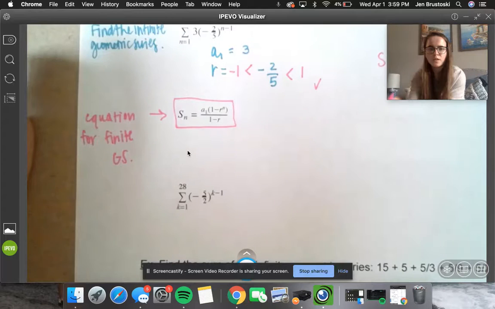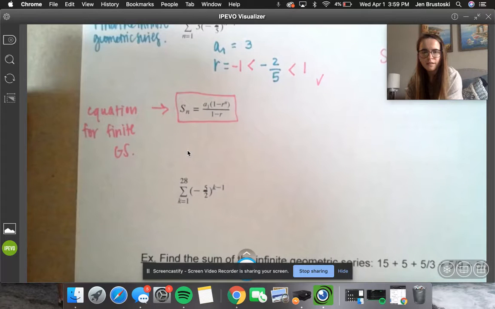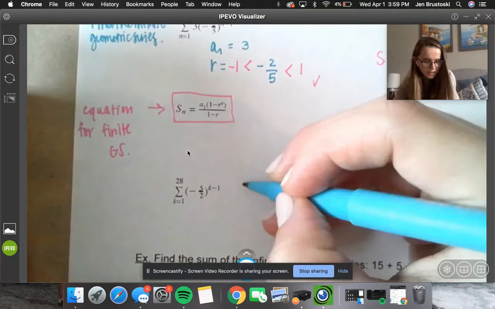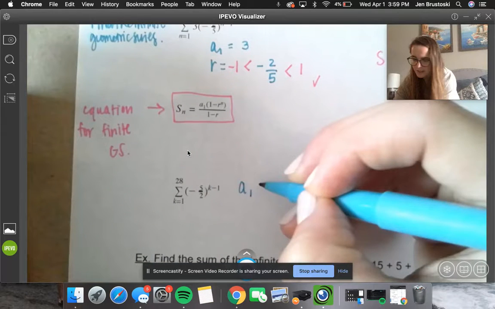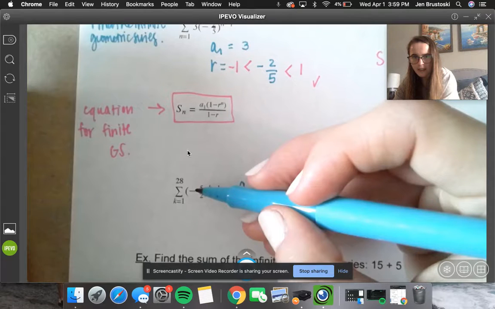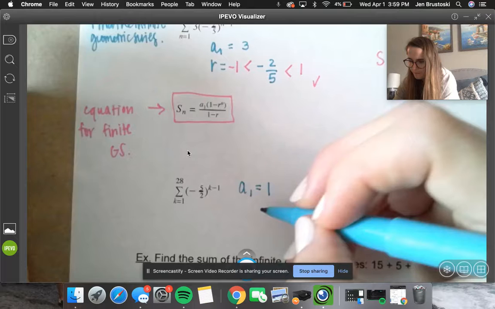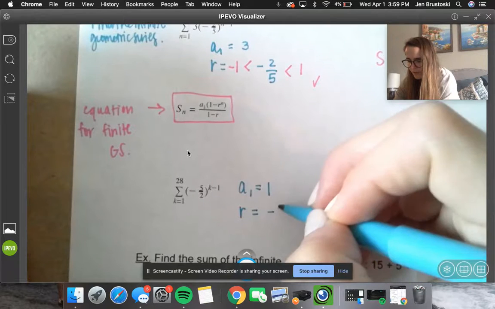So we have -5/2 to the k minus 1. I hope you took that intermission to kind of try it on your own. If not, I'll keep going here. So we have a1 equals 1 because we have an invisible 1 out front. And we have that r is equal to -5/2.